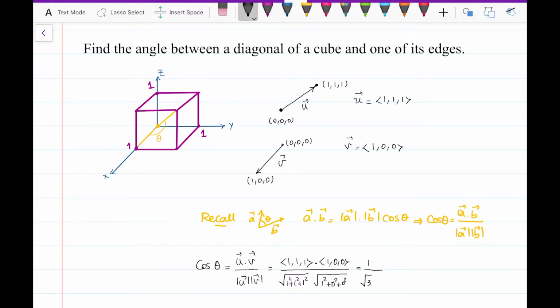On the denominator, I have root 3 times root 1. So the cosine of theta would be 1 over root 3. So theta would be arccosine of 1 over root 3, which is approximately 55 degrees.